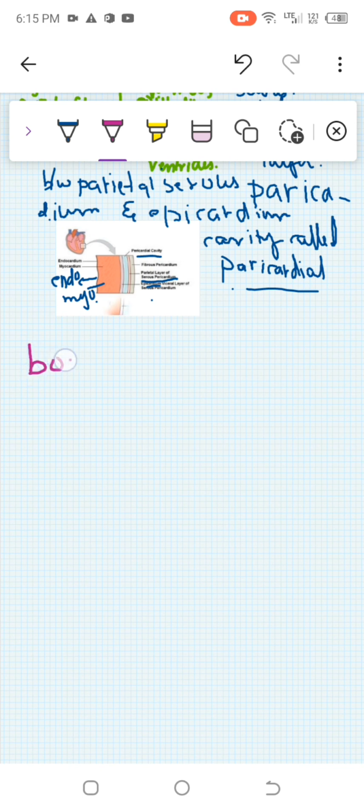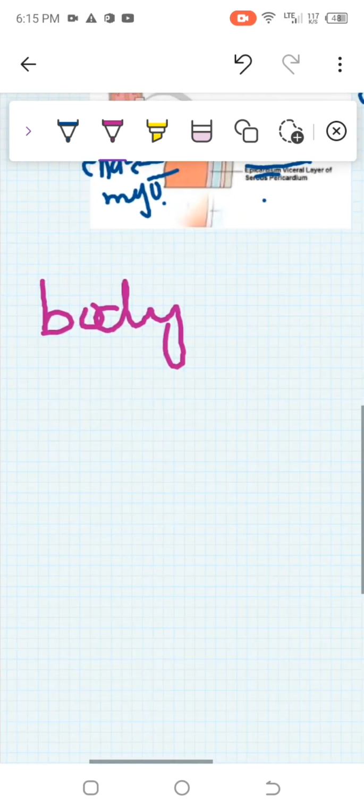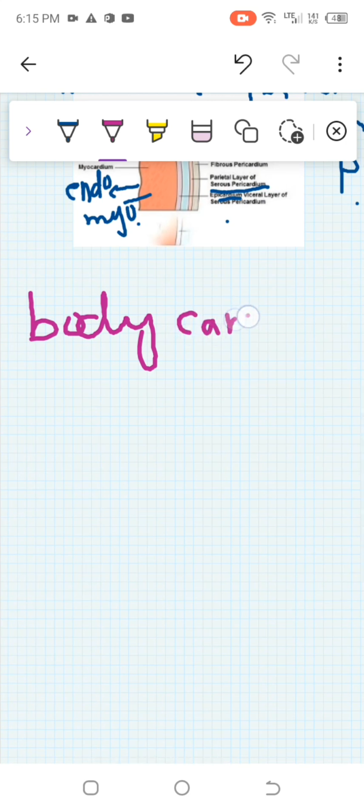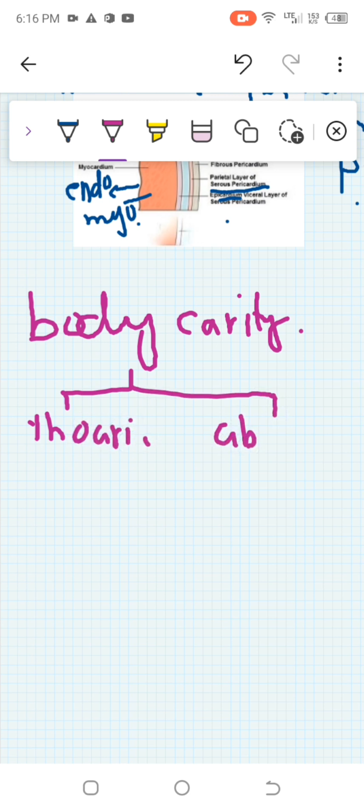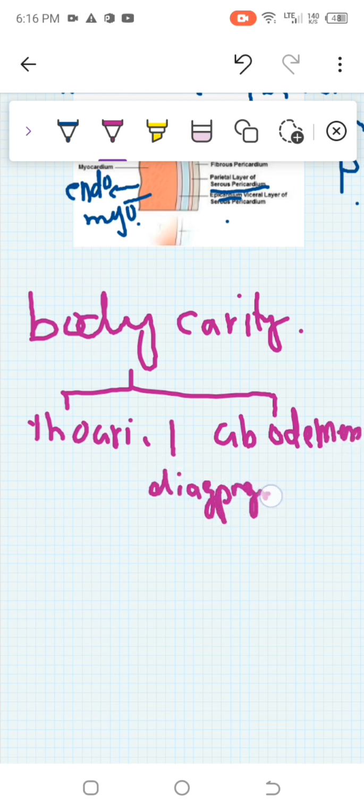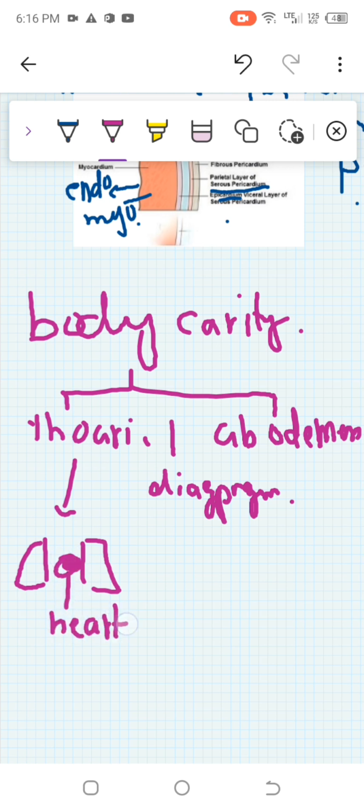The body cavity contains two parts: one is thoracic and one is abdominal, and these are separated by the diaphragm. In the thoracic cavity, the lungs are located, and in the middle between the left and right lungs, we have the heart.